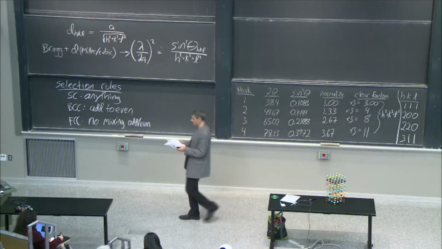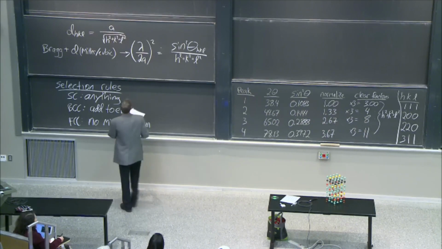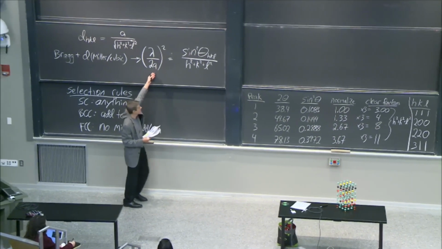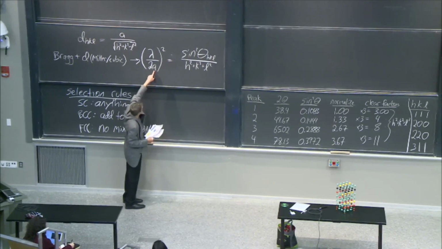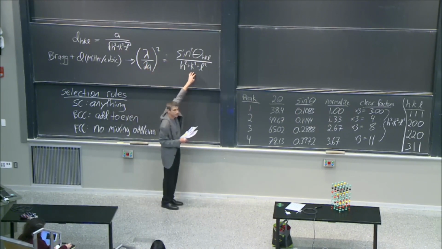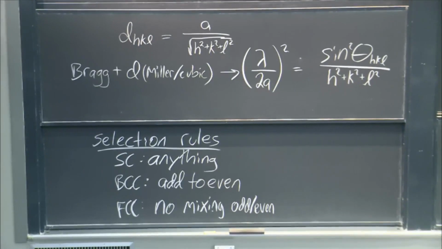I can calculate the lattice constant because it's right here. So that's the lattice constant. That's a number that's a constant. So I could take any one of those planes, any one of these 4 peaks, and if I did this right, they better give me the same lattice constant.